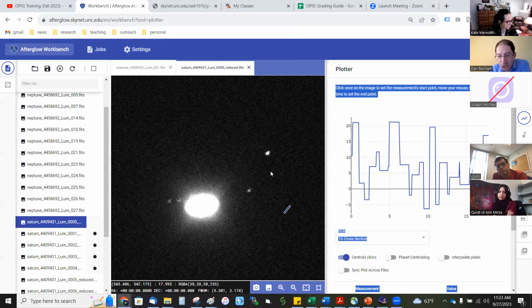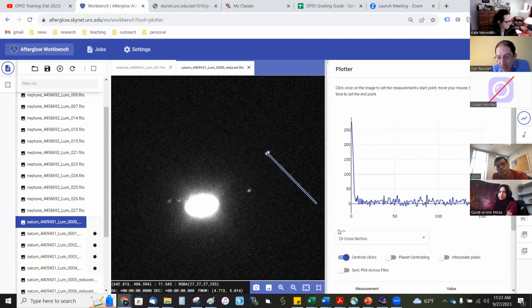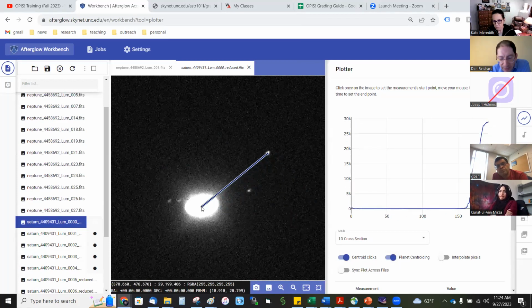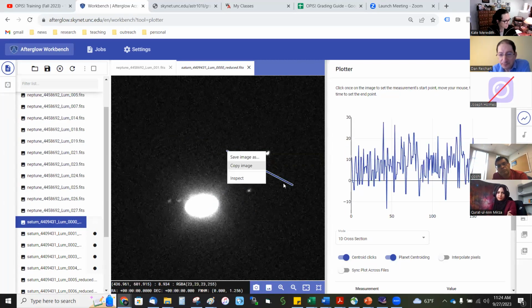So I turn on centroiding. The planet's off, so I'm going to click on the moon. And then before clicking on the planet, I'm going to turn on planet centroiding and try to click near the center. But if you didn't, let's turn off planet again.